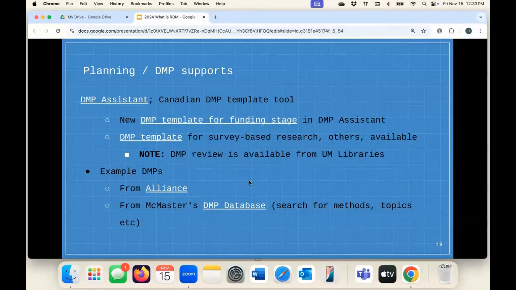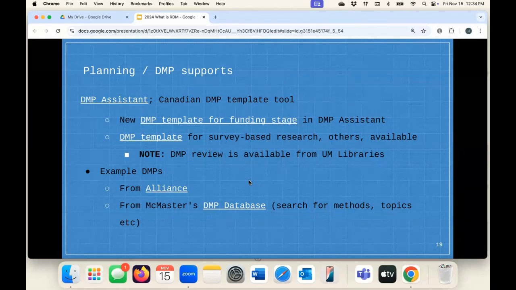Other things that I get asked for quite frequently are example DMPs. When you haven't written one before, it's always nice to look at other ones. They're not commonly out there in the world because often they're part of funding applications, or people are a little concerned about sharing preliminary discussion, right? So there are some from the Alliance, and then there's also a database of them that are shared through McMaster.